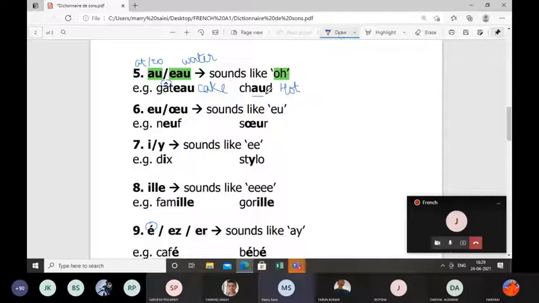So most of the times we will not pronounce the last consonant if there is no vowel after it. That's why here it will be "chaud". D will be silent. I will not pronounce D.